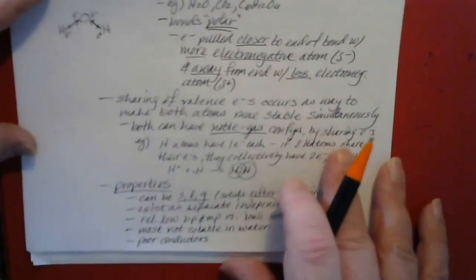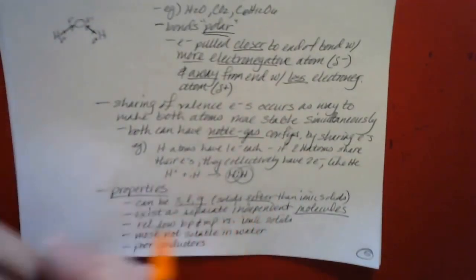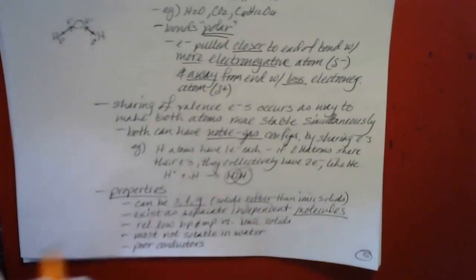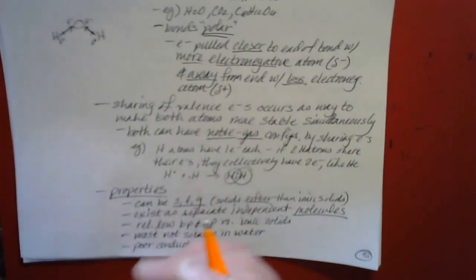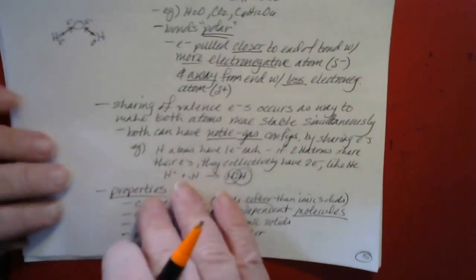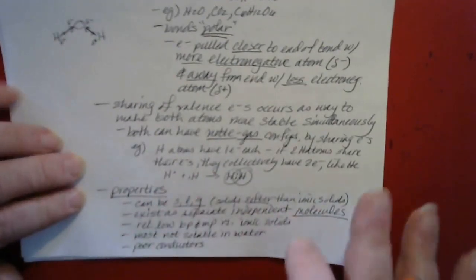Sharing of valence electrons occurs as a way that both atoms can be more stable at the same time. Because the neutral atoms, as they are in the periodic table, unless they're members of the noble gas group, have sort of non-ideal electron configurations. They want to either gain or lose electrons in order to get to the same electron configuration as one of the noble gases.